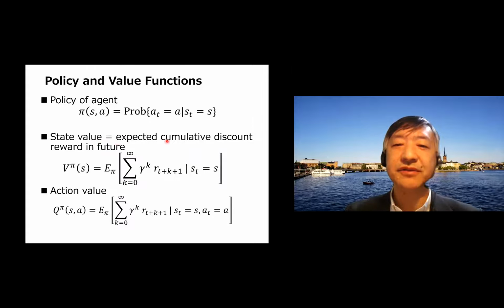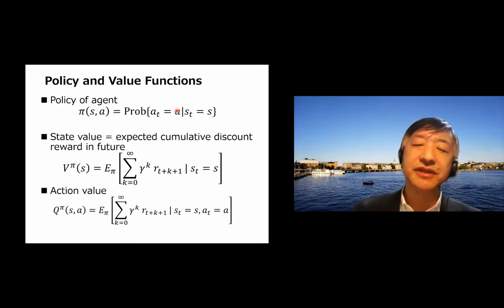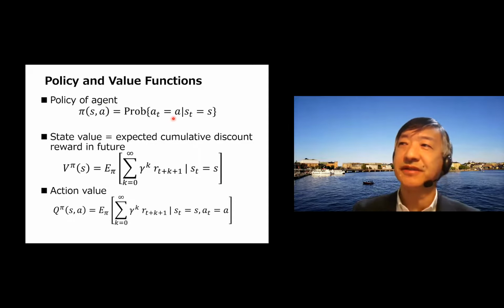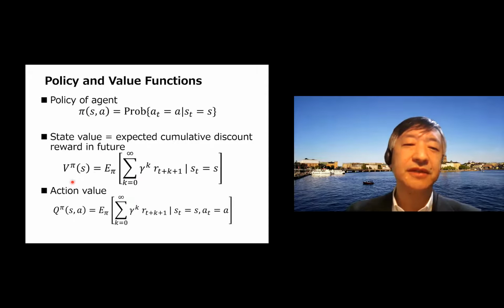This is the expected cumulative discounted reward in the future. If the patient is in some state and the doctor executes actions sequentially in the future, then the patient state will change and the doctor gets some reward in the future. So we can calculate the expected cumulative reward for this patient under this policy of the doctor. This is the patient state value.